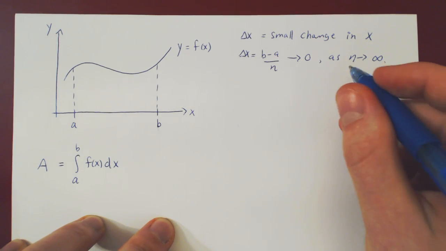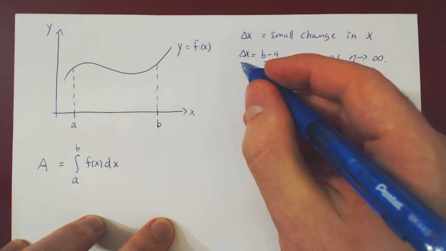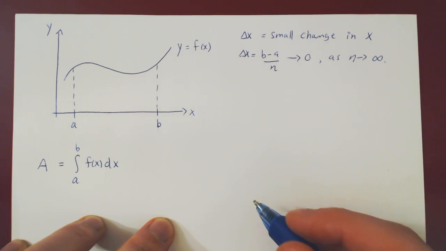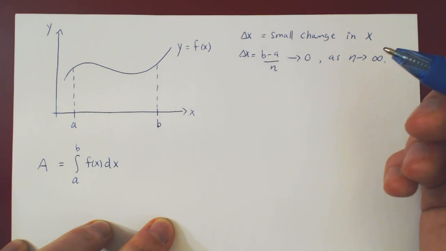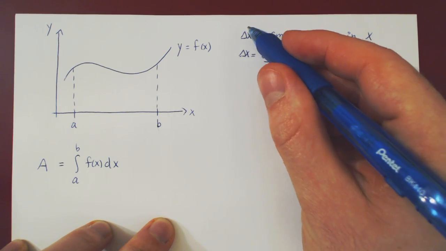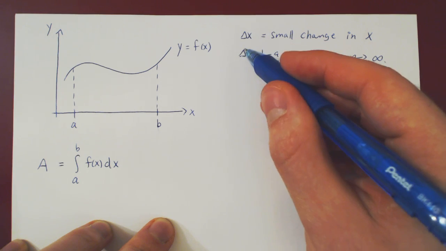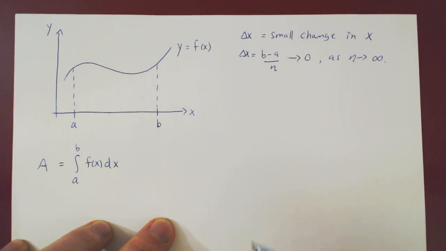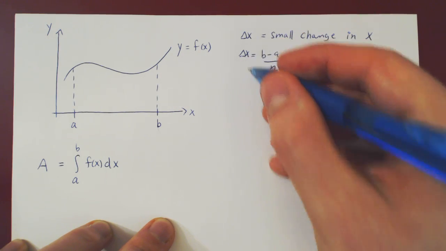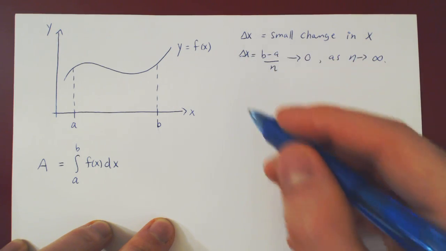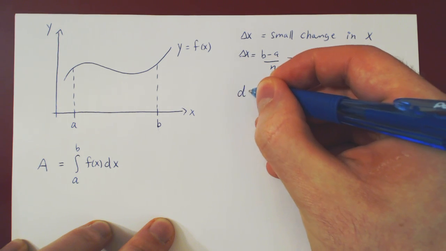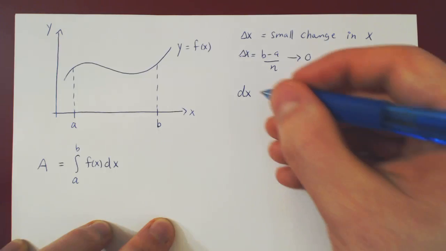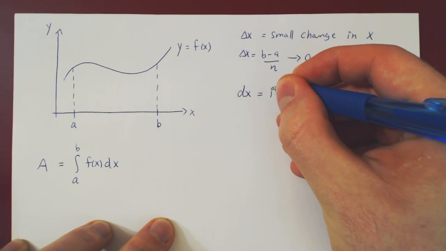As we take more and more rectangles, the width, delta x, of an individual rectangle shrinks to 0. And you might think, well, what would be a good choice to represent a really small change in x, a change in x that approaches 0? Well, in the limit, as delta x shrinks to 0, delta x becomes dx. What dx stands for is an infinitesimal change in x.